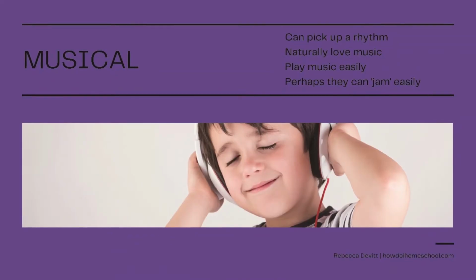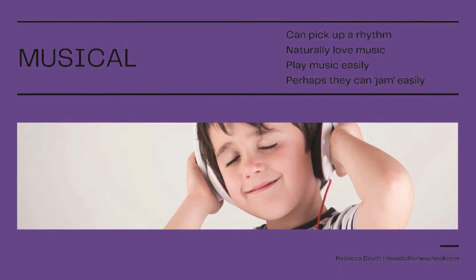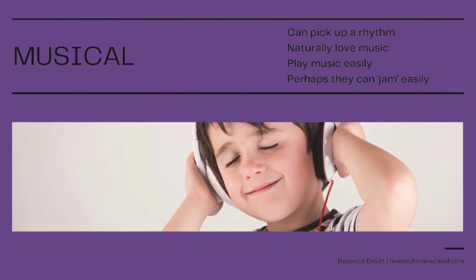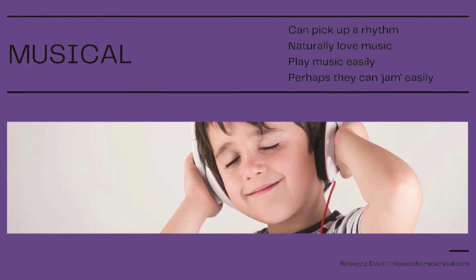Then there's musical intelligence. If you're musically intelligent, you're going to tend to love things that have a good beat, rhythm. You're going to be able to make songs easily. You might be able to jam easily. You'll be quite strong in musical pursuits. An example of who might be quite musically talented would have been Beethoven or Bach, Mozart.